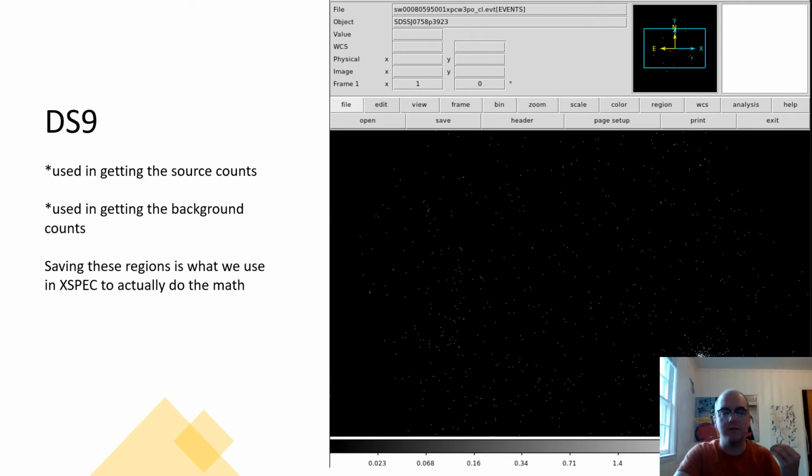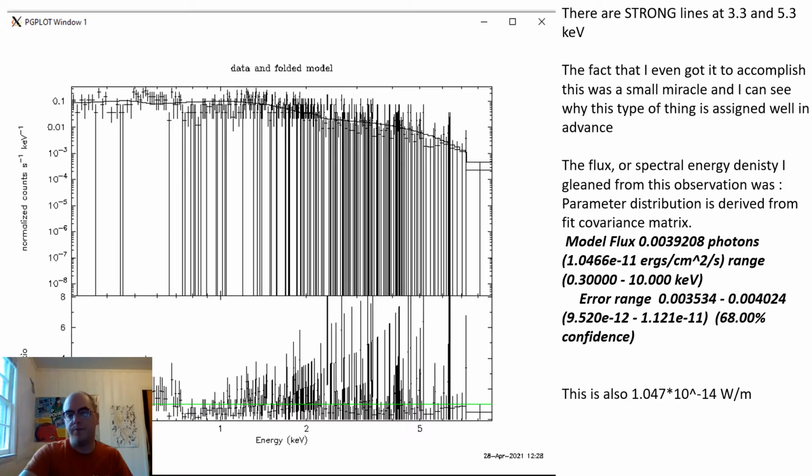What we based all of our analysis on is the region files we generate from the event file seen here. And it looked like this, and that was just amazing to me because it was very hard to get here.